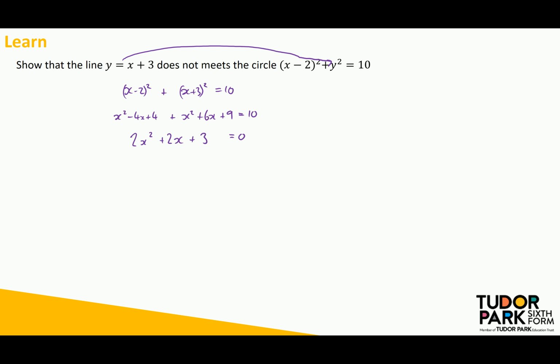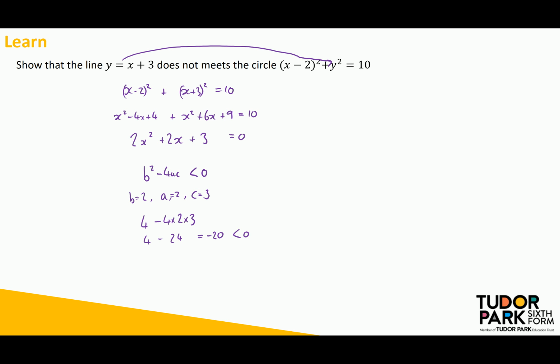And if I've got a quadratic equation that I can't solve, it must mean that the discriminant, b squared minus 4ac, is going to be less than 0. So the value of b is 2, the value of a is 2, the value of c is 3. b squared would be 4 minus 4 times 2 times 3 would give me 4 minus 24, which gives me negative 20, which is less than 0.